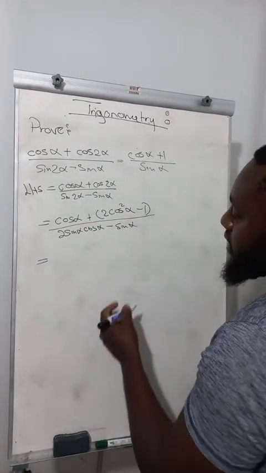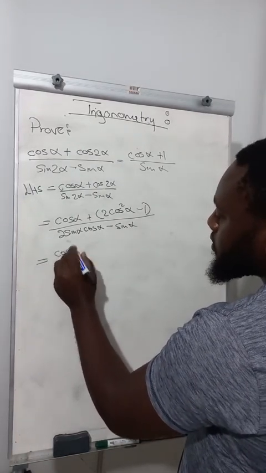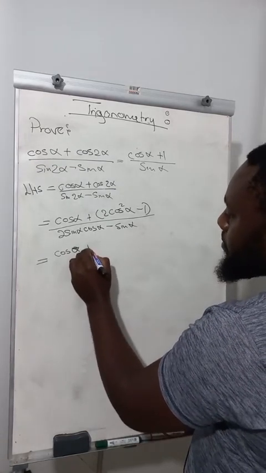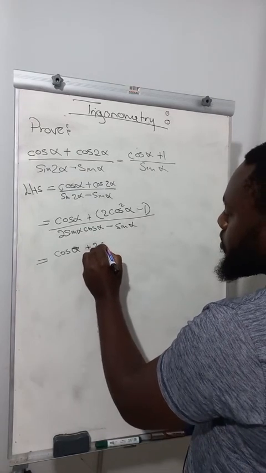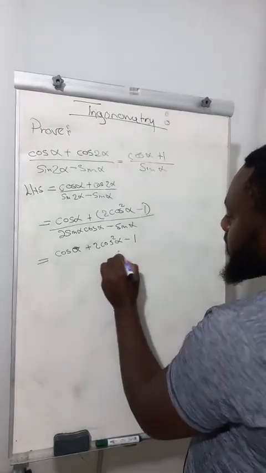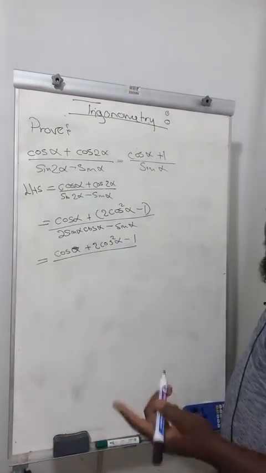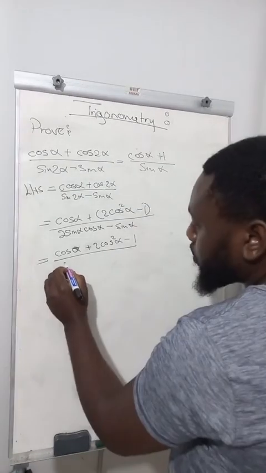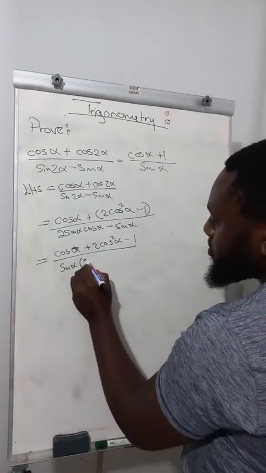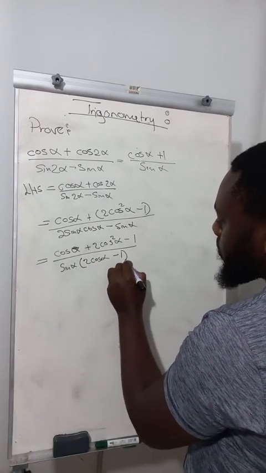Now try to simplify the top part. You'll have cos alpha plus 2 cos squared alpha minus 1, all divided by, remove a common factor within the denominator, which will give you sine alpha into 2 cos alpha minus 1.